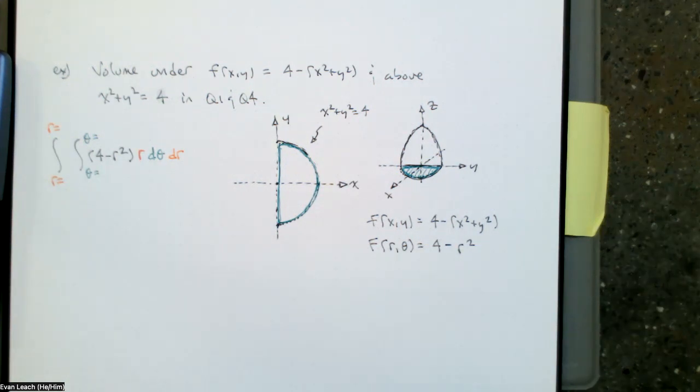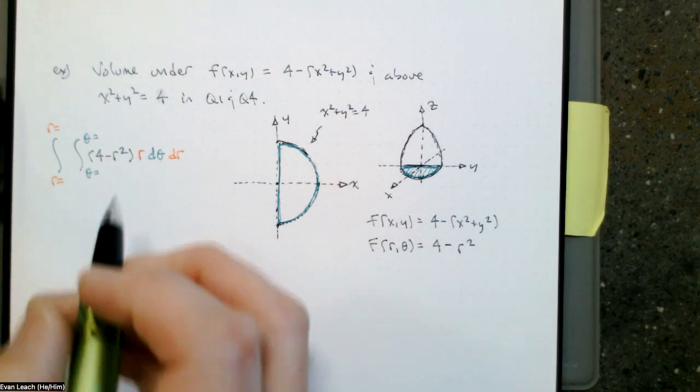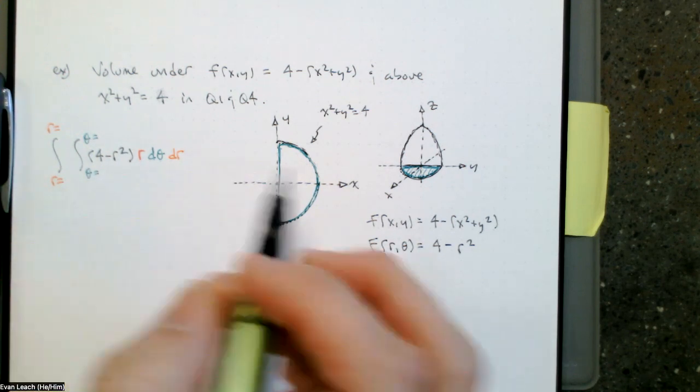Now, the convenient thing that we've got going on here is that because our region is circular, describing the region is just going to be a couple of intervals. We just have to describe what theta is between.